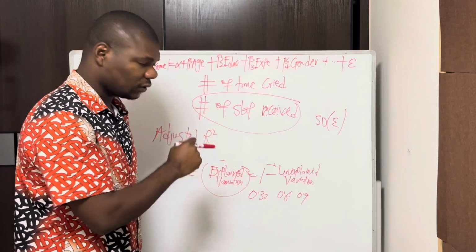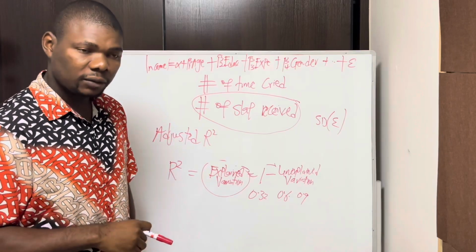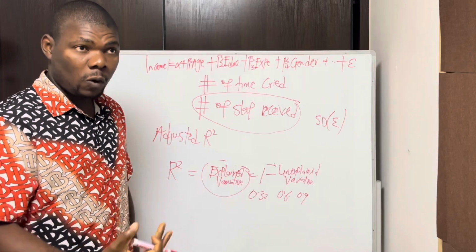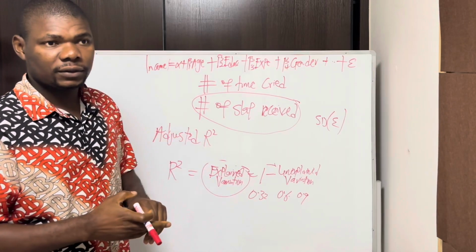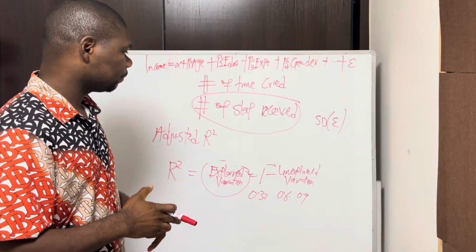So it's not just about you estimating the model, you see the alpha and beta and you're done. No. You also have to ask yourself if your model performed really well in explaining the dependent variable. That is something that we're particularly interested in.